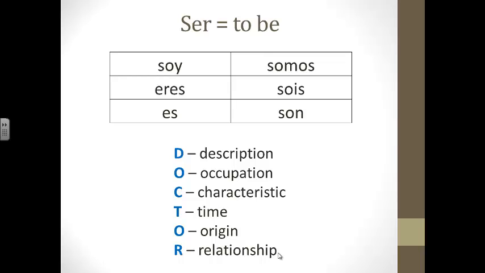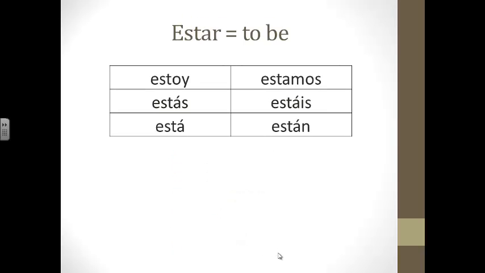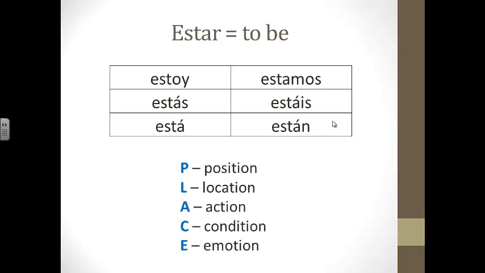Okay, let's go to the verb estar. Estar also means to be. Its conjugation is estoy, estás, está, estamos, estáis, están. The acronym for using estar is PLACE.